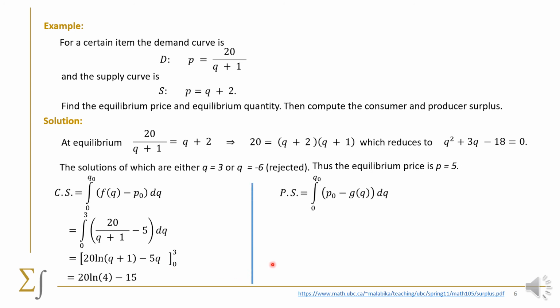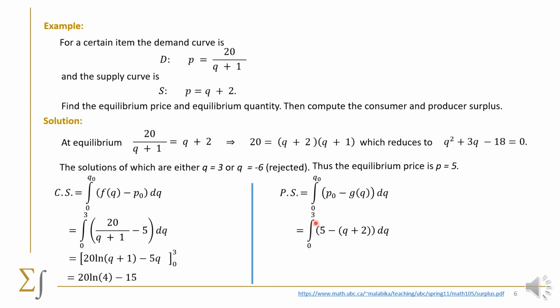For the producer surplus, we put the equation for it. The producer surplus is equal to the integral of P naught minus G of Q, dQ, performed from 0 to Q naught. We have Q naught and P naught as we've seen, so we plug in their values. We integrate from 0 to 3.